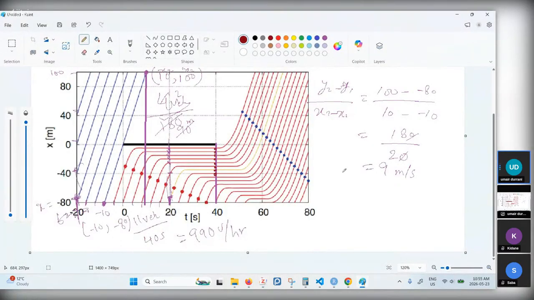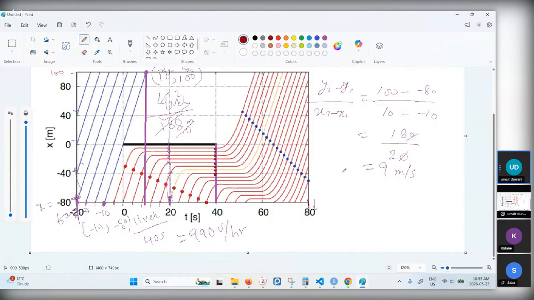So we know that these trajectories have the same gradient as these trajectories. I don't think there is a difference. I think roughly their speed would also be about 9 to 10 meters per second. And if we want to get the density, we can do that here at t equals 80.